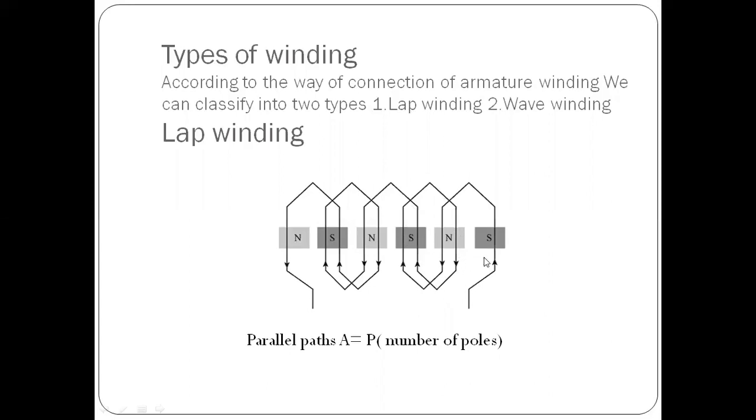The conductor starts from one slot and comes back to the same slot, then it proceeds to the next slot. In that slot again it overlaps and proceeds to the next slot. So the winding connection is overlapping in nature, from one slot to another. By overlapping it proceeds to the next slot. Like this we have the connection in the case of lap winding.